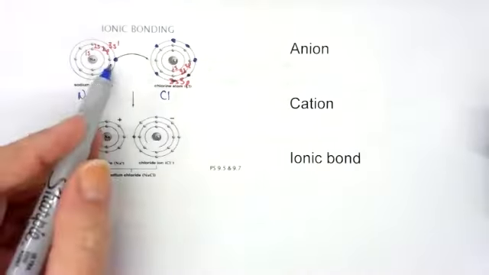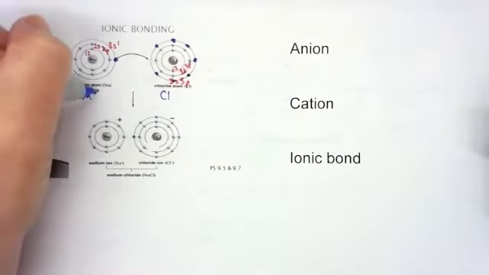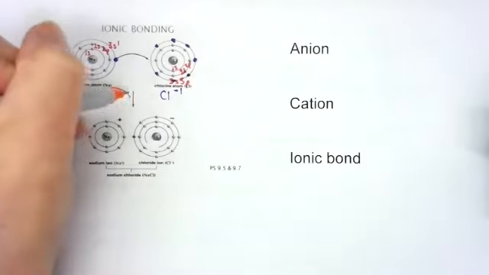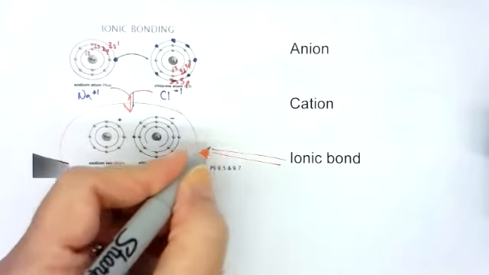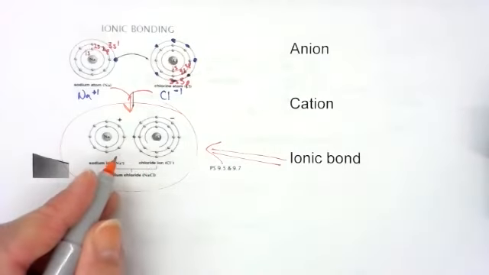So what happens is sodium gives up this electron to chlorine, and I end up with sodium +1 and chloride -1. Just like we said on the last screen, those two are attracted by their charge. So this is a sodium ion and a chloride ion in an ionic bond.